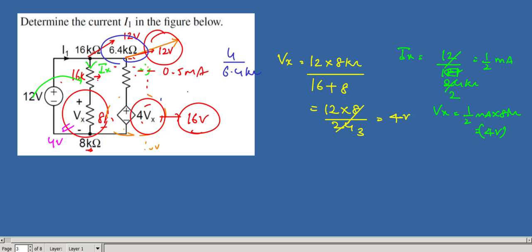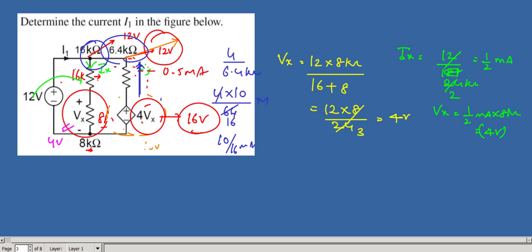So current is going like this. How much is 4 by 6.4 kilo ohms? 4 into 10 by 6.4, that is 10 by 16 milliamperes in this branch, current entering.